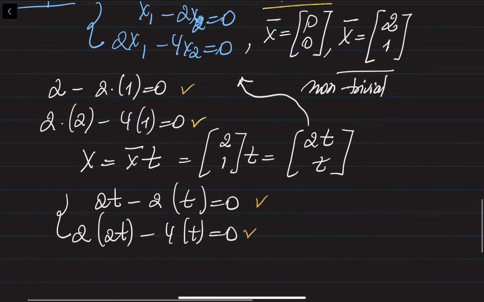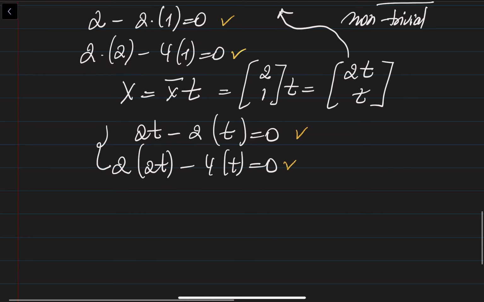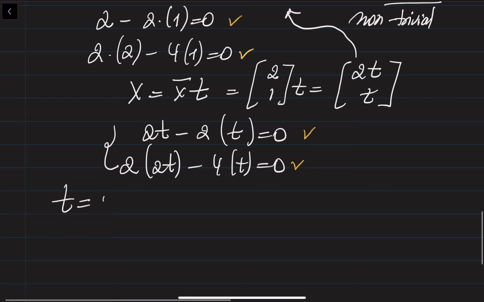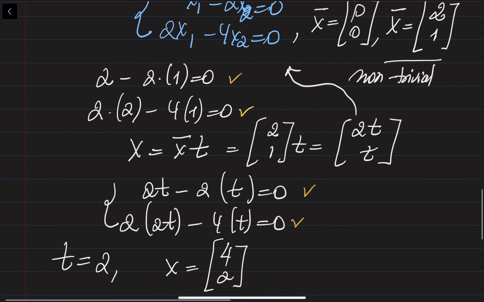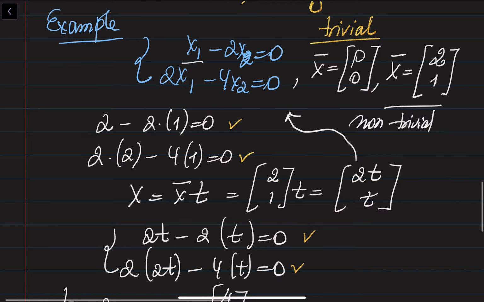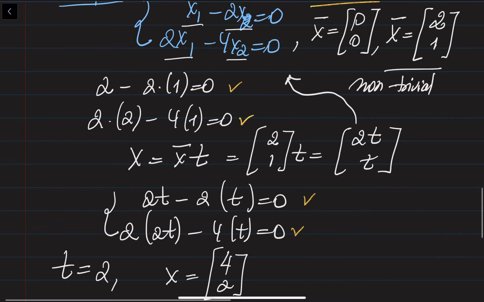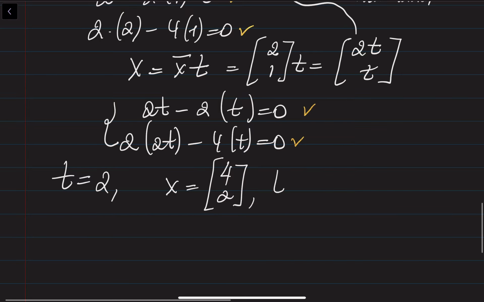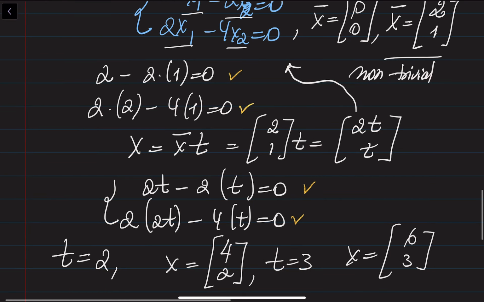For example, if t is equal to 2, then the new solution x is going to be equal to 4 and 2. And this is a solution because if I substitute this into the first equation or the second equation, it's going to be a solution. If t is equal to 3, then x is going to be equal to 6 and 3, which is still a solution of the system of linear equations.